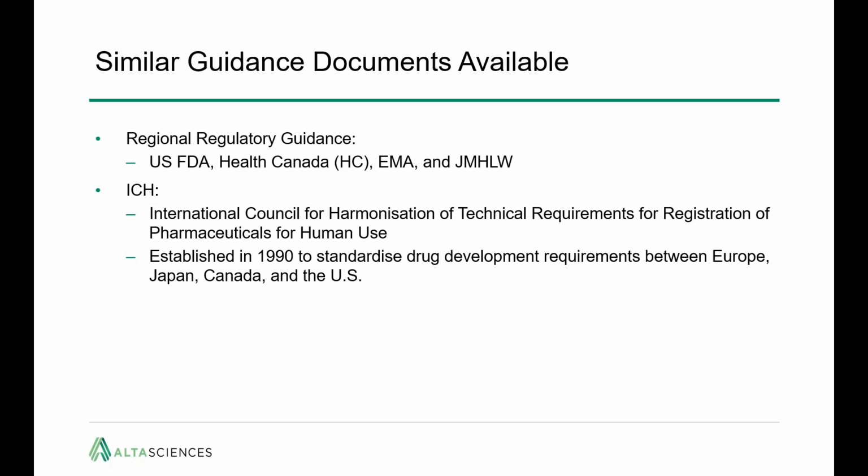Since its inception in 1990 to standardize drug development requirements between Europe, Japan, Canada, and the US, ICH has gradually evolved to respond to the increasingly global face of drug development. Regulatory guidances for the EMA, Health Canada, and FDA closely follow ICH guidelines, and therefore many common requirements are found between these agencies.